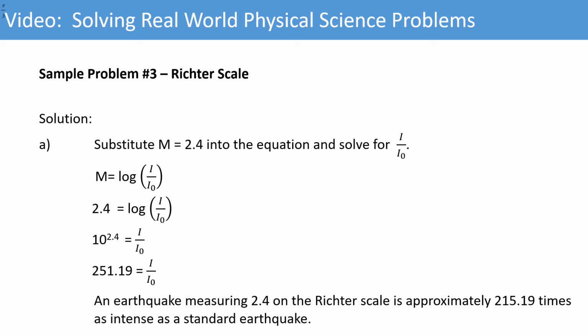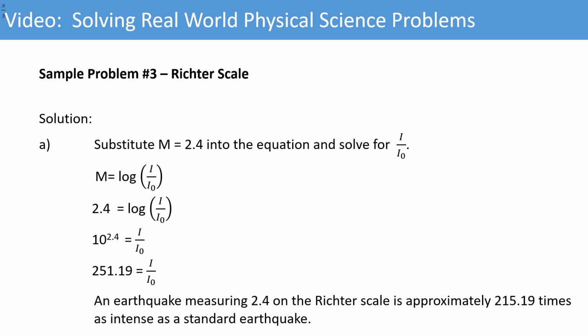So, for A, we know that M, magnitude, was 2.4. We will substitute that into the equation and solve for I divided by I subscript 0. So 2.4 is equal to log of I divided by I0. Again, remove the log by using 10 as the base and 2.4 as the exponent.